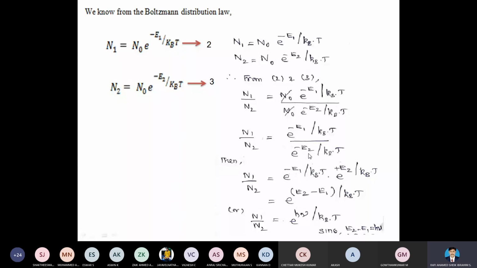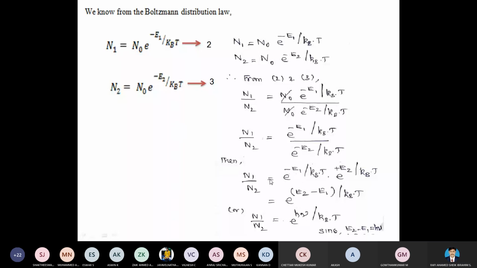When we bring this exponential term to the upper side, the sign will change. We can see here, N1 by N2 is equal to e power minus E1 by kBT, the same one. This term is coming up, so the minus became plus: e power plus E2 by kBT.